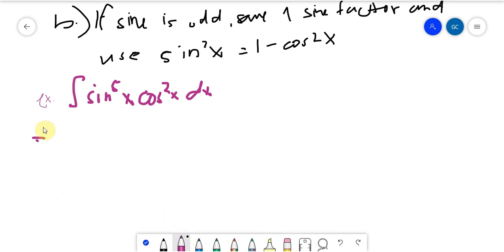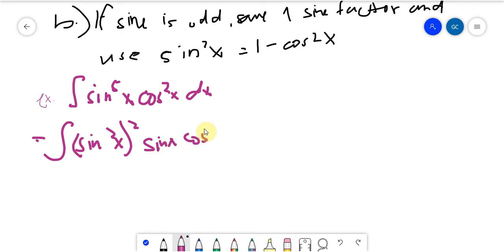So we will save one factor, so that means we have sine squared x squared, that means sine to the fourth x times sine x times cosine squared x dx.